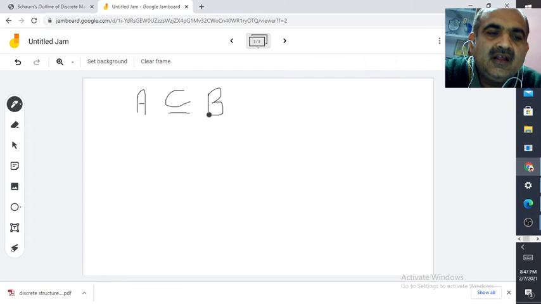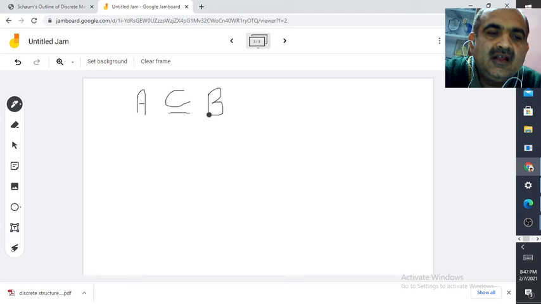Next property is to check whether it is symmetric or not. Suppose A is a subset of B. Here B has some extra elements.